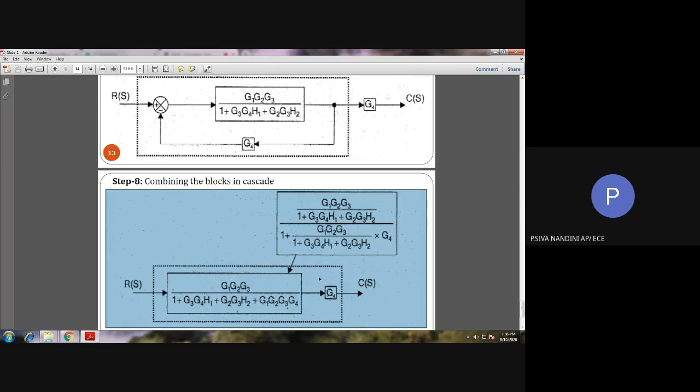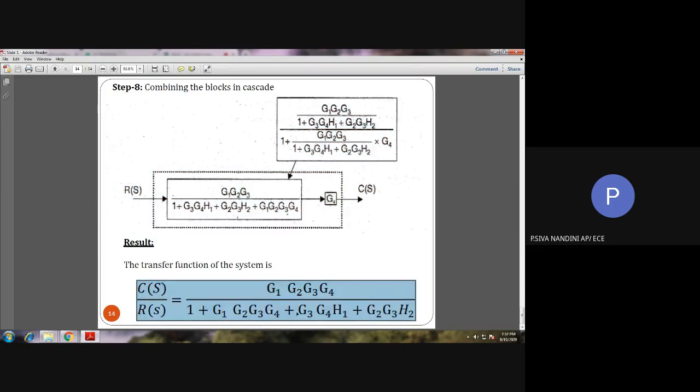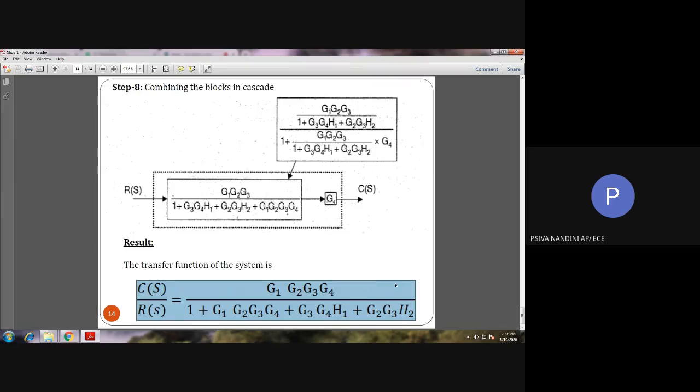This block and this block G4 are available in series. So we can cascade those two blocks. Cascading the two blocks means we can simply multiply those two blocks. After multiplying, we obtain the single mathematical expression, which is our transfer function C of S by R of S. Okay. Thus, we have obtained the transfer function in this problem.